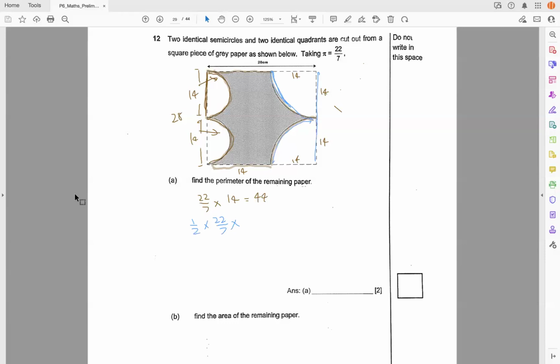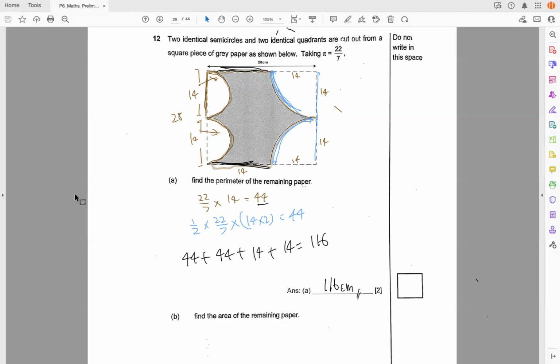So diameter will be 14 times 2. You get 44. So this is 44. So we have 44 plus 44 plus 14 plus another 14 over here. So the perimeter is 116. Make sure you write the unit, huh?